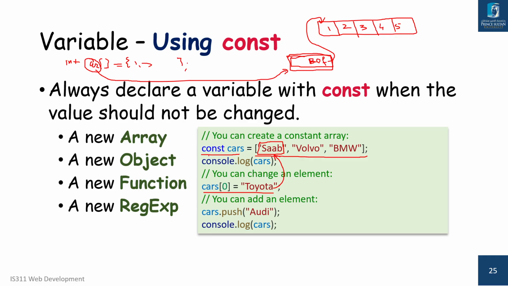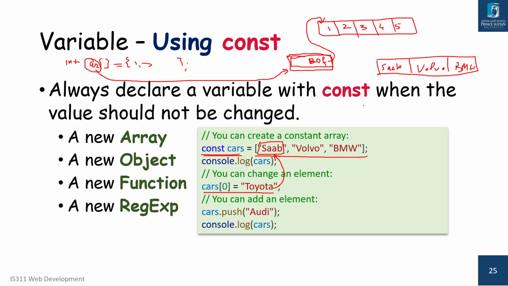That's why we make that constant. For example, if I say cars, this is an array with 3 values inside it: Saab, Volvo, BMW.